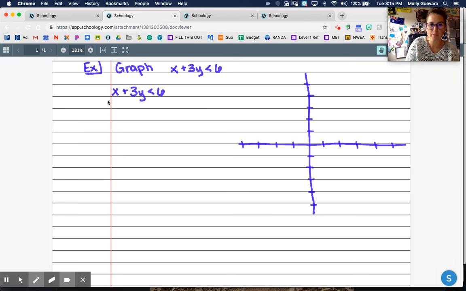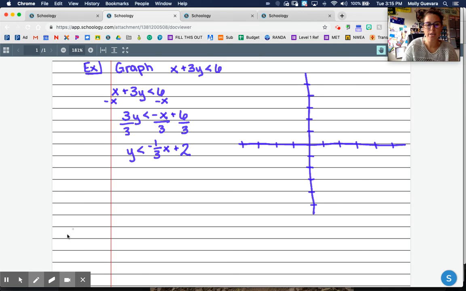I'm going to subtract my x, which gives me 3y is less than negative x plus 6. Okay, and then I'm going to divide everything by 3. And I'm not dividing by a negative, so my sign does not have to change. It can stay the same. y is less than negative 1/3 x plus 2.